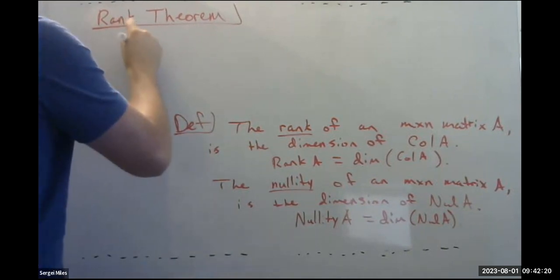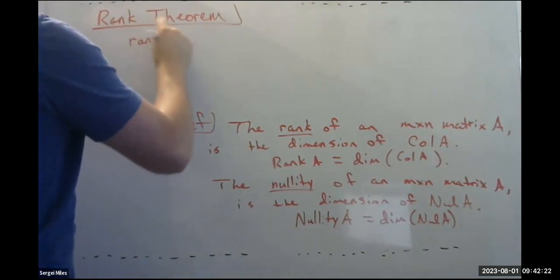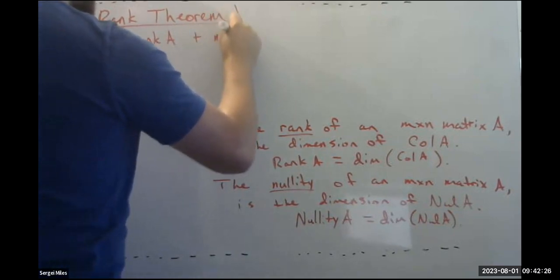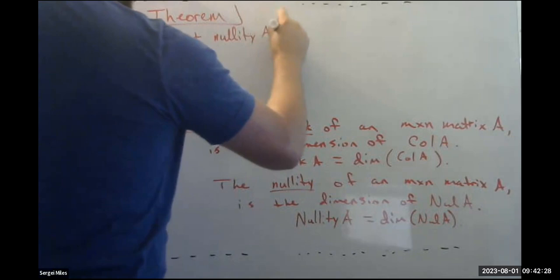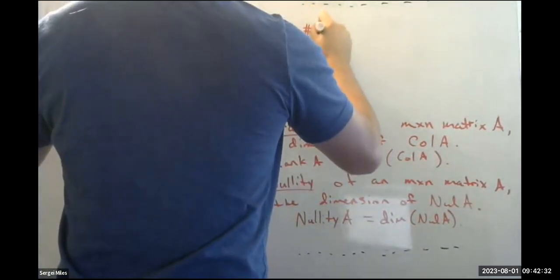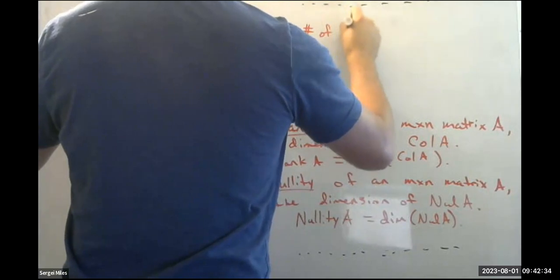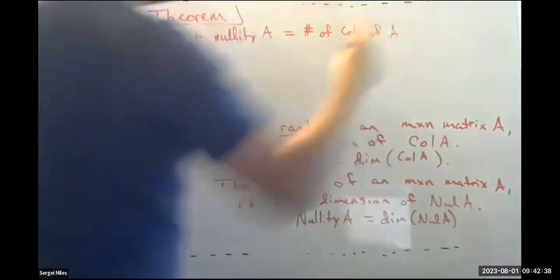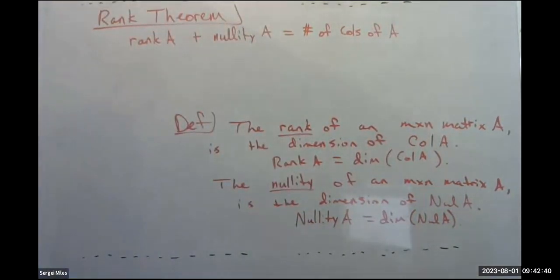Basically, it says the rank of A plus the nullity of A equals the number of columns of A. And this is true for any matrix, whether it's square or not. The rank of A plus the nullity of A always equals the number of columns of A.